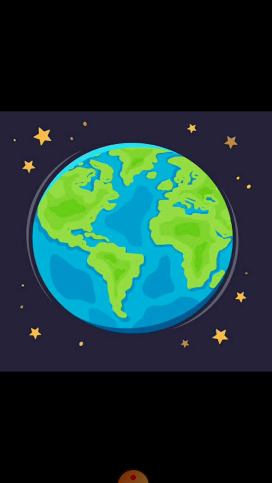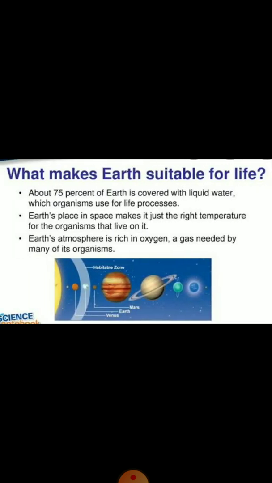Earth, a unique planet. Earth is a special planet. It is the only planet known to have life because the conditions that support life exist only on Earth. Suitable temperature. Mercury experiences extremes of temperature while Venus experiences very high temperatures.